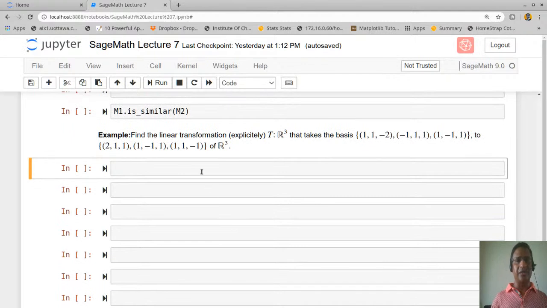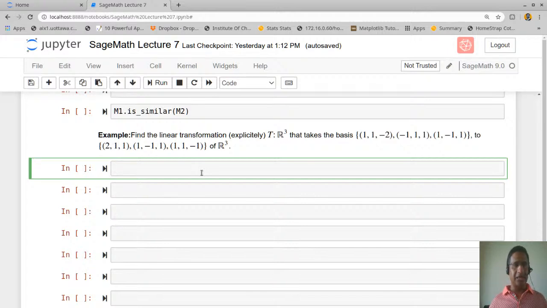Let us see how we will do it. First let me define these variables. Let us say x1, x2, x3, and we want to find the image T of (x1, x2, x3).